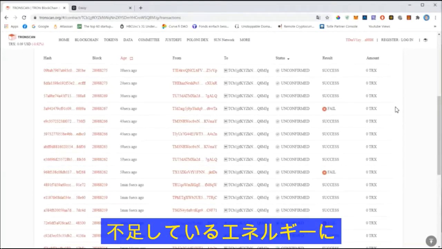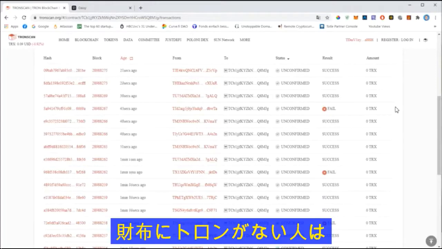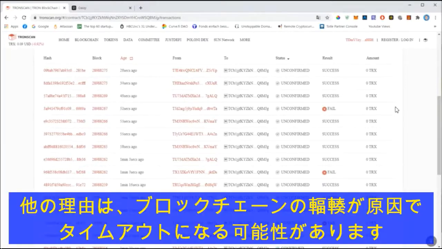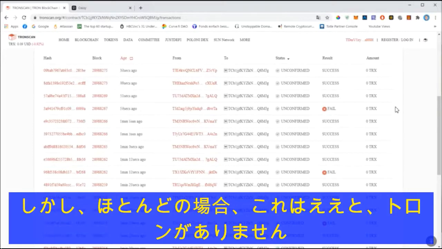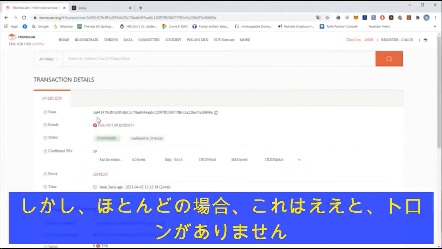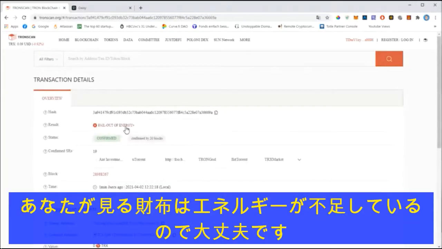So this is due to the person having no Tron on the wallet, right? The other reason could be a timeout because of the blockchain congestion. But in most of the cases, this is having no Tron on the wallet. You see fail out of energy.